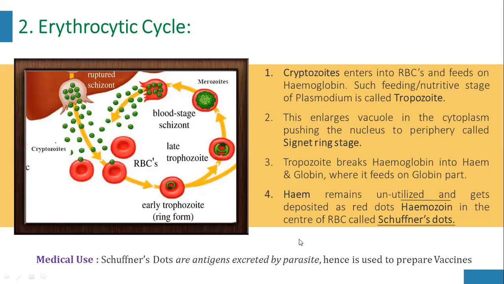There is one question from Aishwarya. Why don't WBCs fight against cryptozoites? Do you think WBCs are just watching? No, WBCs will do their actions, but the parasites are present in a large number compared to the WBCs present in the body, as a result of which they will dominate. Surely there is a fight happening.